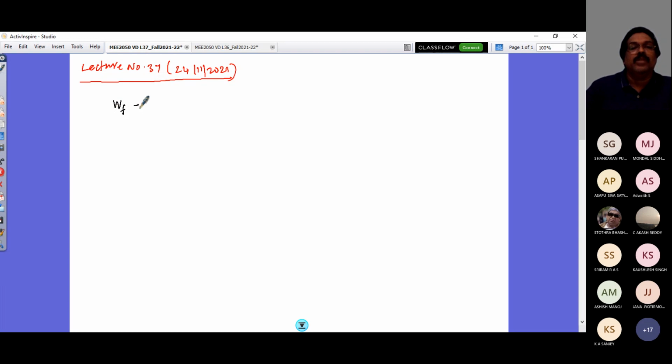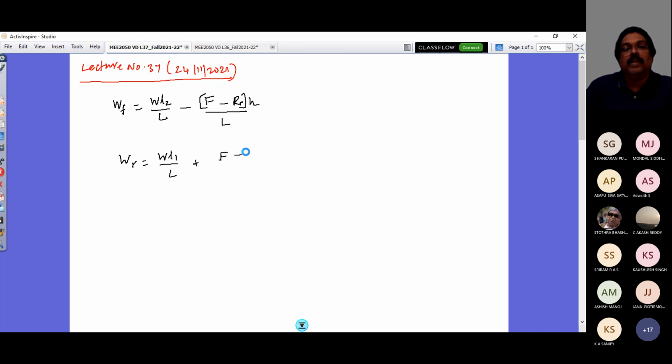For that, let us look again at this WF. What we derived is WL2 by L minus F minus RR by L into H, and WR is WL1 by L plus F minus RR, minus rolling resistance, by L into H. The first term refers to static load distribution.